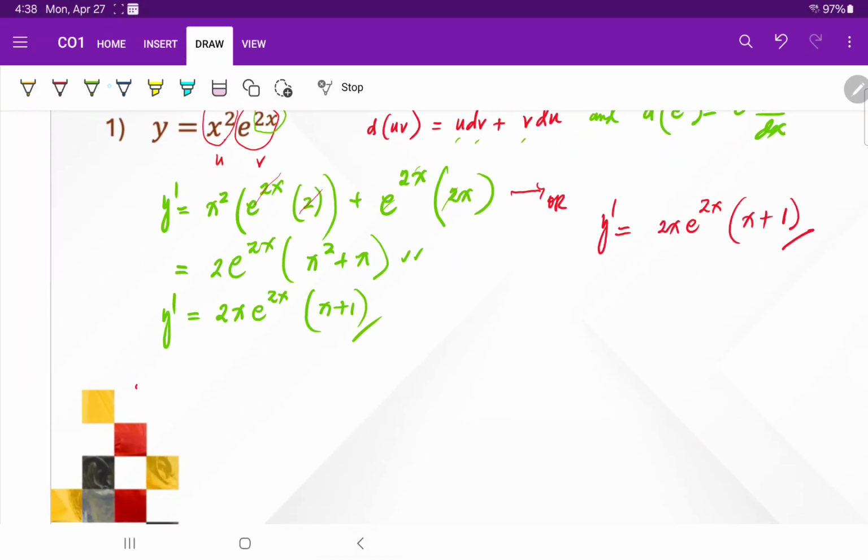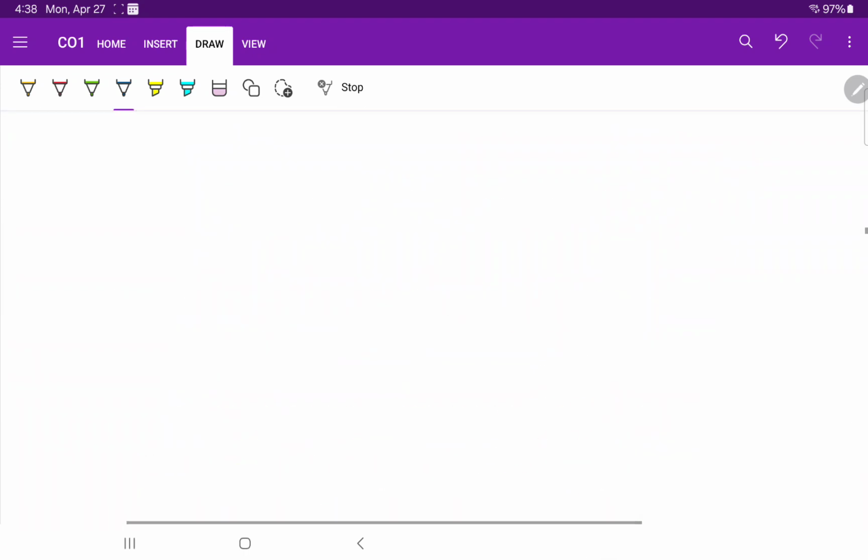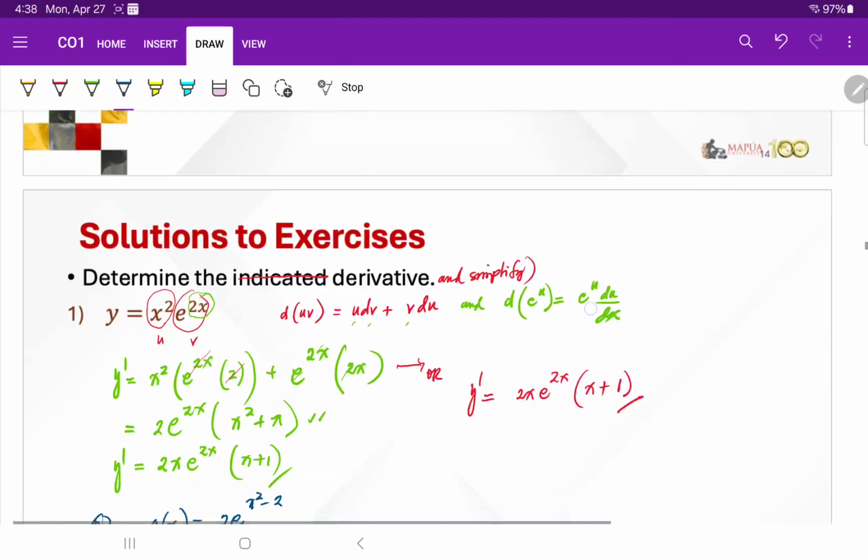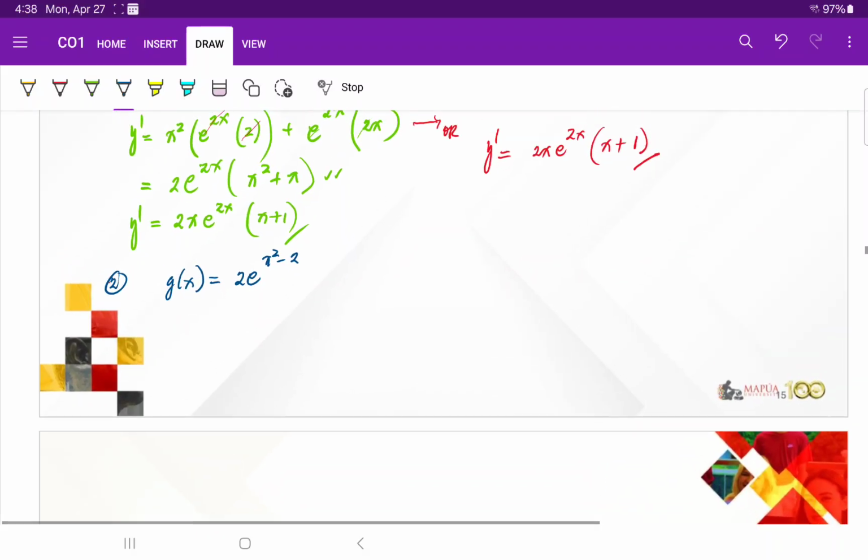For number 2, we are given g of x is 2e to the x squared minus 2, and then minus 7 to the x squared minus 2. So the exponents are both x squared minus 2.